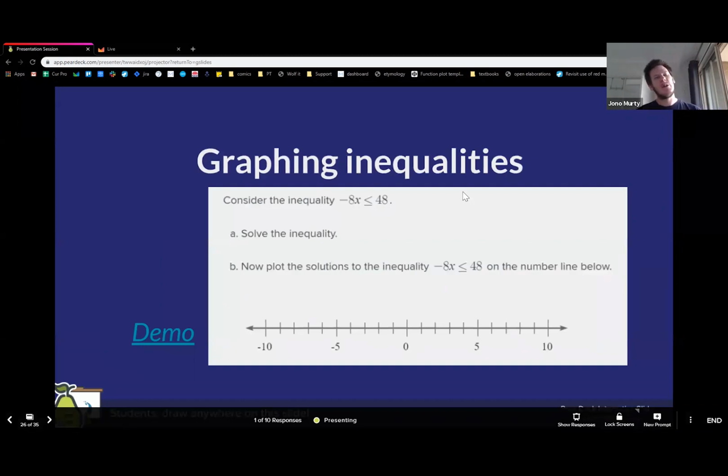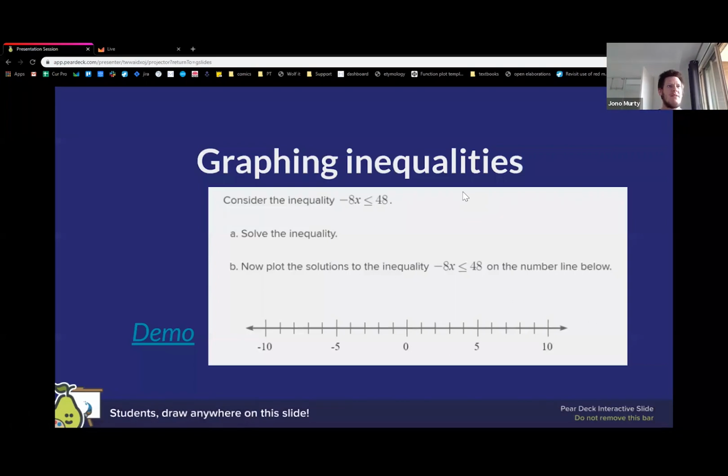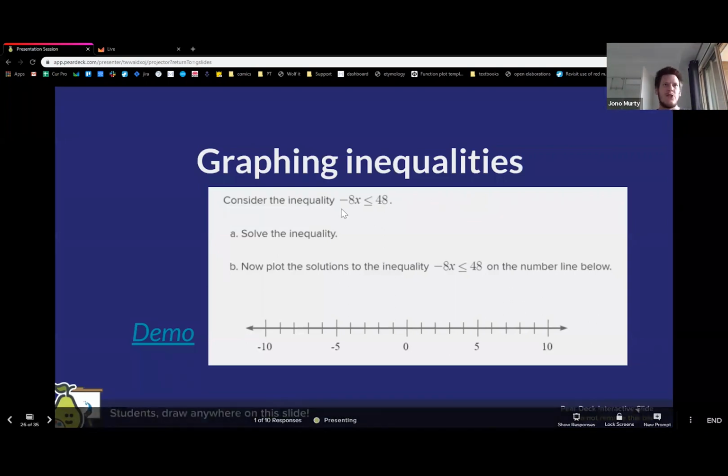Okay, now this one we'll have to quickly solve and then plot our answer. Draw anywhere on the slide. Feel free to include your answer in this part here and then draw your solution on the number line below.